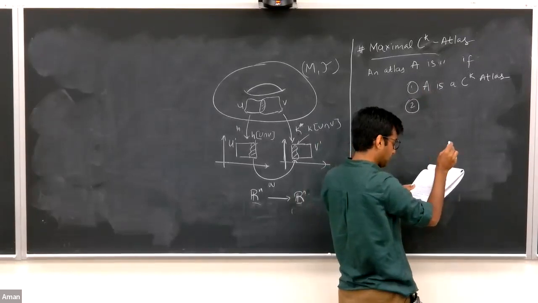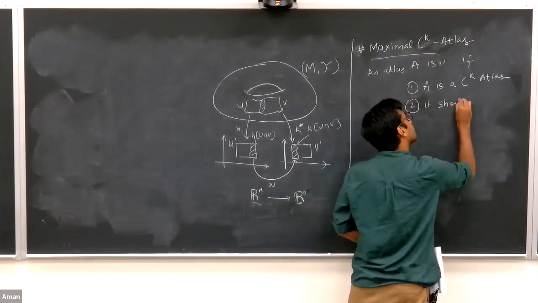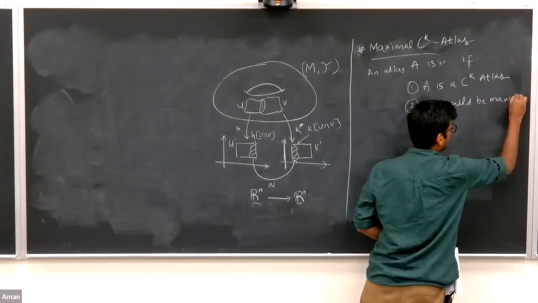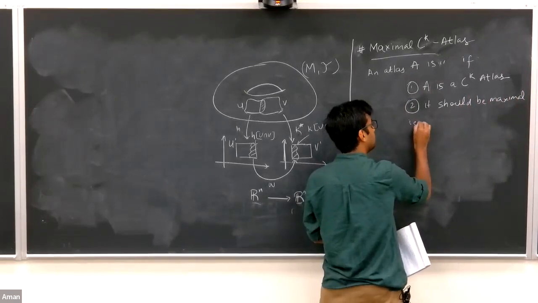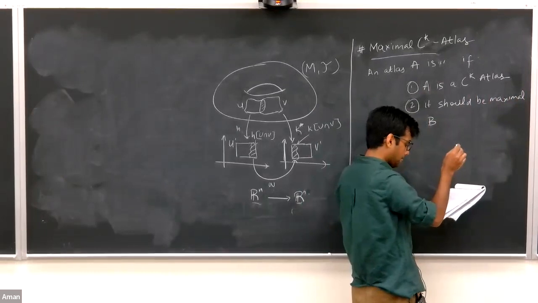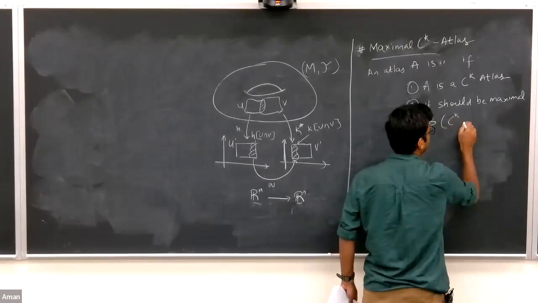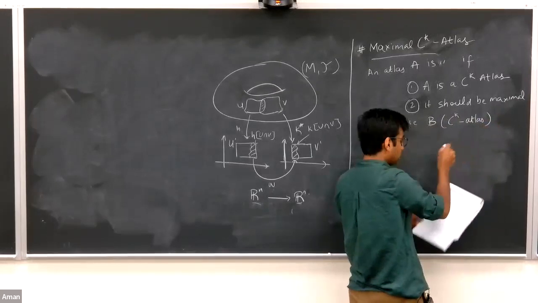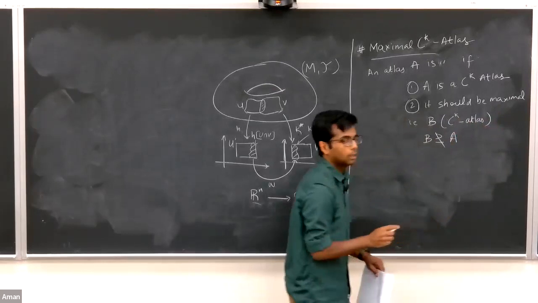So if there exists any other atlas B, and B is also a C^k atlas, B should not be a superset of A. That's all it means.